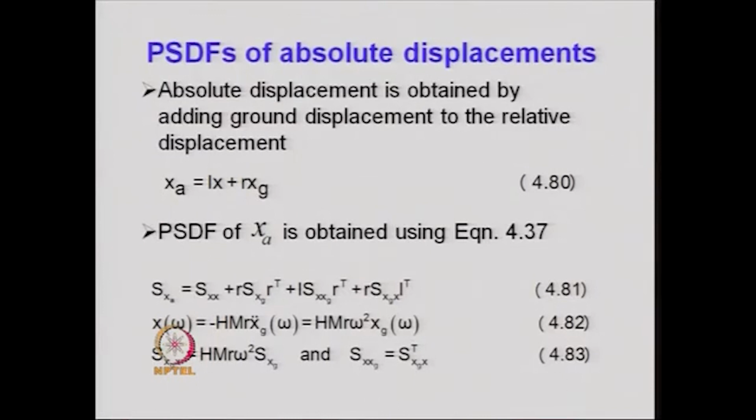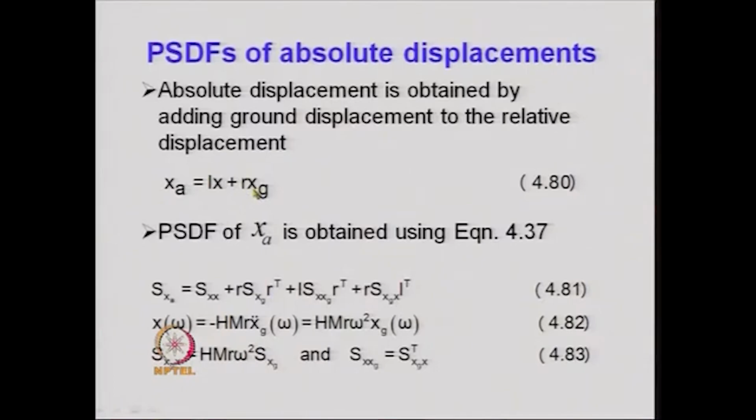Next we discussed the power spectral density function of absolute displacements. In order to obtain this, we have to add to the relative displacement x the quasi-static displacement that is introduced at the degrees of freedom because of the ground displacements at different supports.